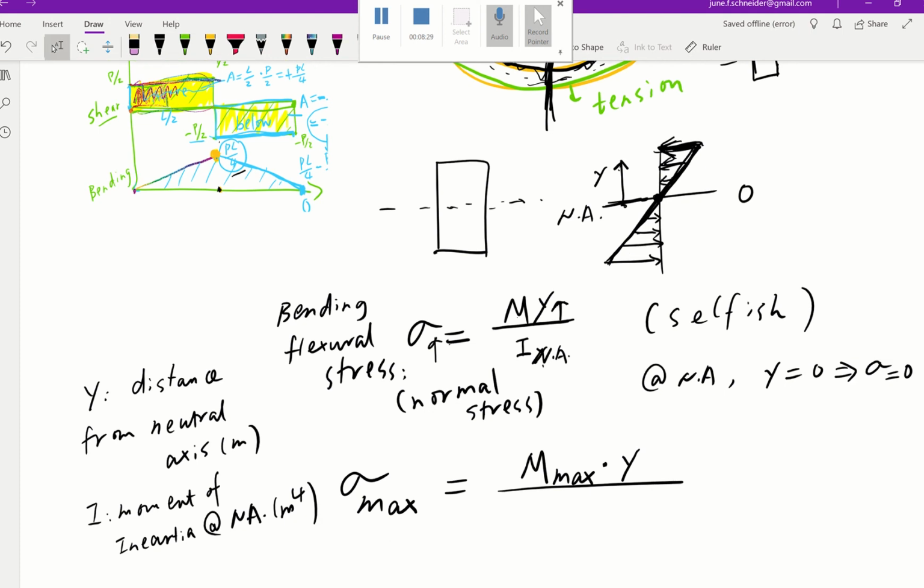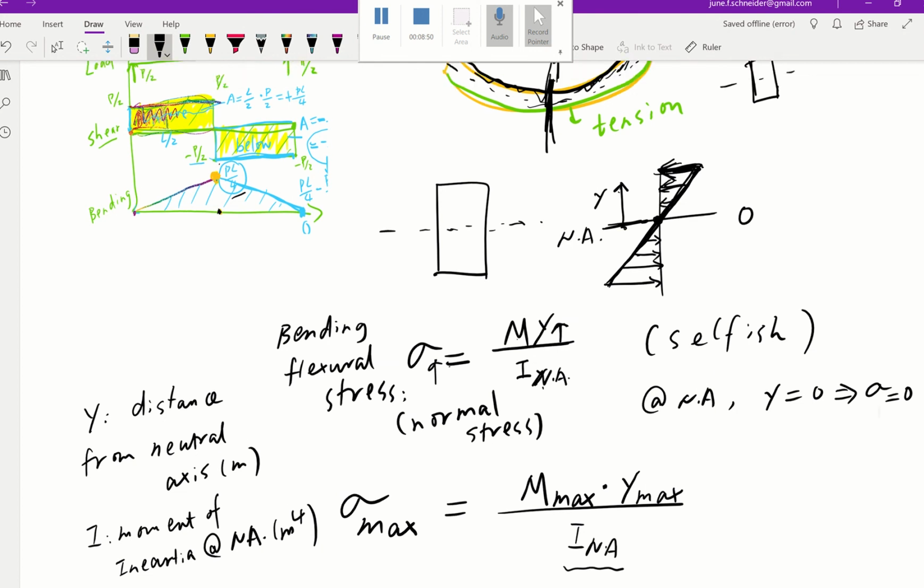Knowing that, the maximum bending flexure stress will be M max times y, where y here is the maximum y, over I. This moment of inertia is going to be the same regardless of where the point might be.